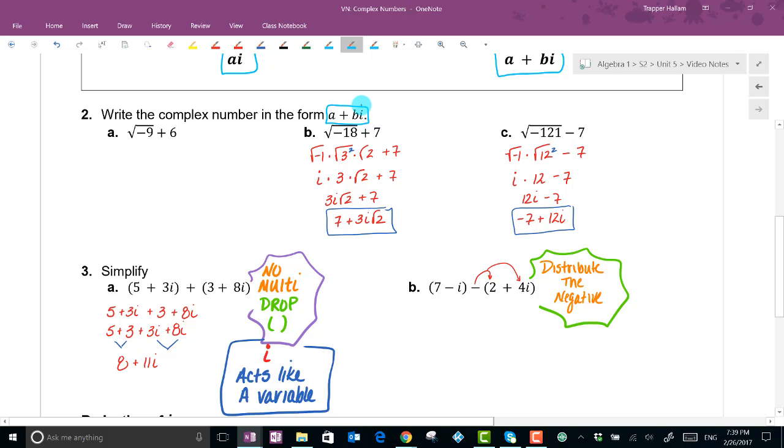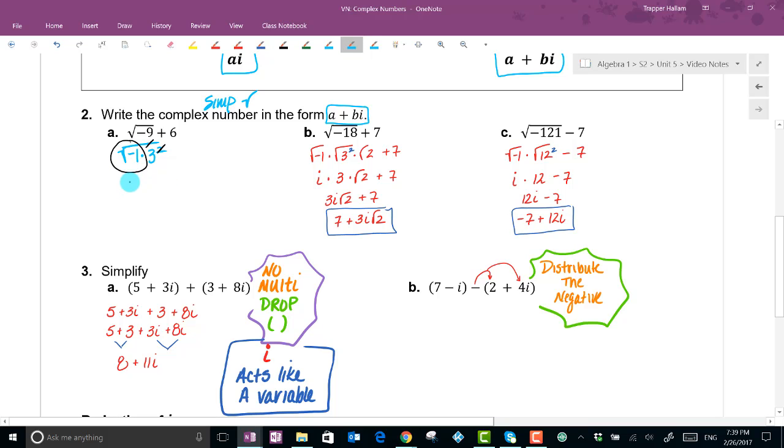But when we do that, we need to also keep in mind that we have to simplify our radicals as we go. So looking at this one, I've got the square root of -9 plus 6. Well, I don't want to start moving its position. The first thing I really want to do is simplify this radical of square root of -9. So I'm going to break it apart into two pieces, -1 times 3 squared. Now we can forego writing them as separate. We can say that this radical and that square are going to reduce themselves out, and that this square root of -1 is going to turn into i.